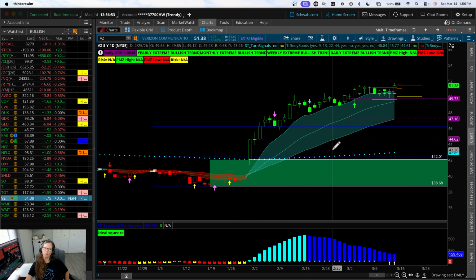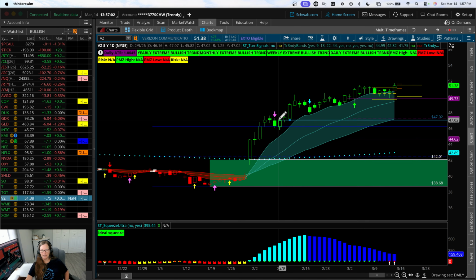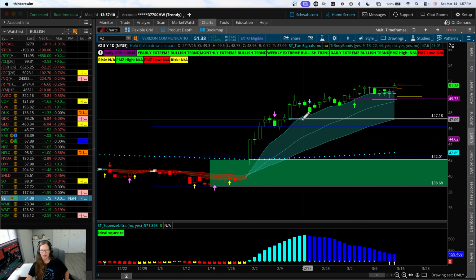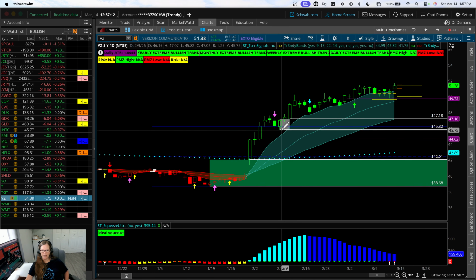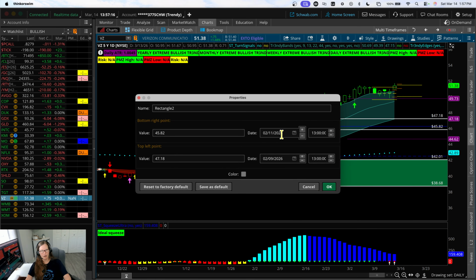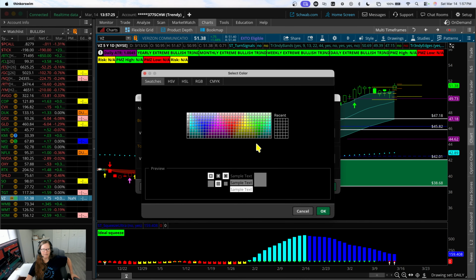But where would I look as far as a trade that I was going to be in for a couple of months? I would look in this area where we created the inside candle, and I'm going to bring that just under the body of that imbalance candle and tell you that my zone for Verizon to potentially buy a dip is going to be here at 47.18 to 45.82.